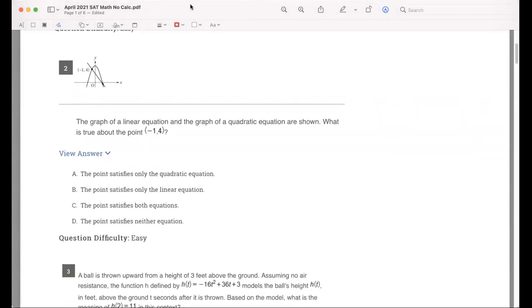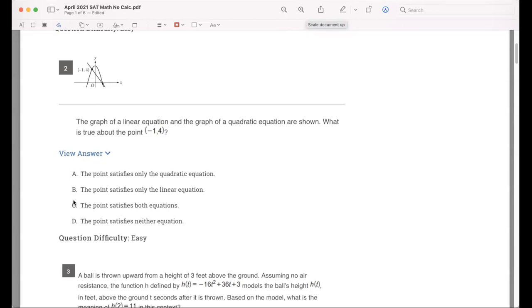The graph of a linear function and the graph of a quadratic equation are shown. What is true about the point -1, 4? So you can see that the point -1, 4 is a solution to both the quadratic equation and the linear equation because it lies on the parabola as well as on the line. So the point satisfies both equations.